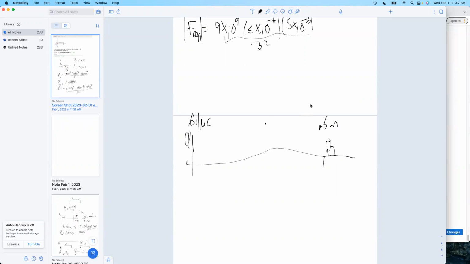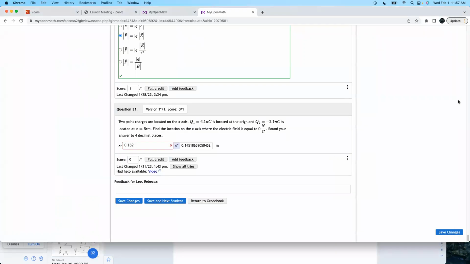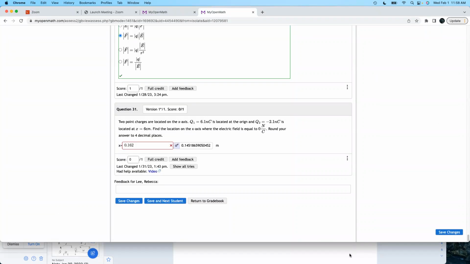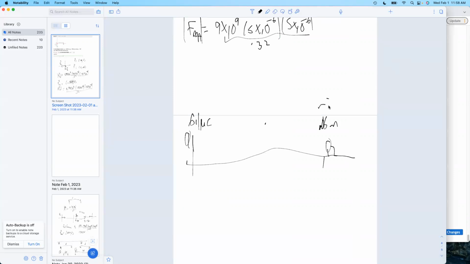Is it 0.6 or 0.06? Did I do that wrong? It's 6.1. Or the distance? The X. Oh, 0.06. I'm sorry. Oh, okay. 0.06. Yeah, because it's centimeters. And then what was this guy? 2.1. Yeah, and he's negative.